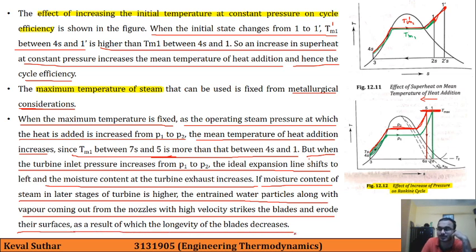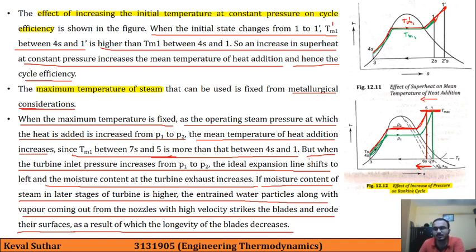So what they are trying to say over here is, if we go more to the left hand side, on this side, because of the moisture content which is present, this moisture content will have negative effects on the blade material, because it will erode the material of the blade.